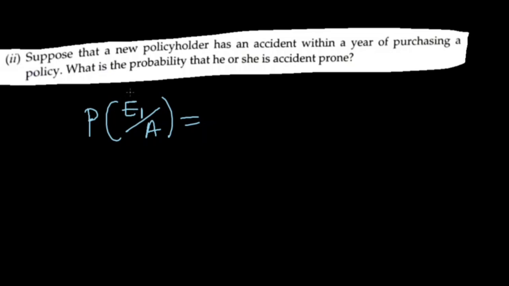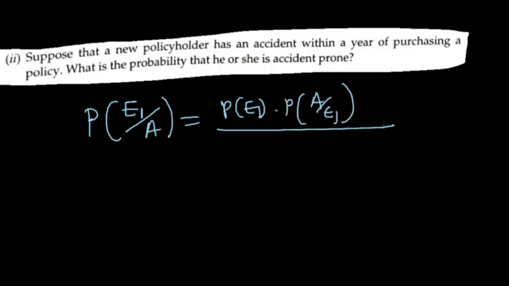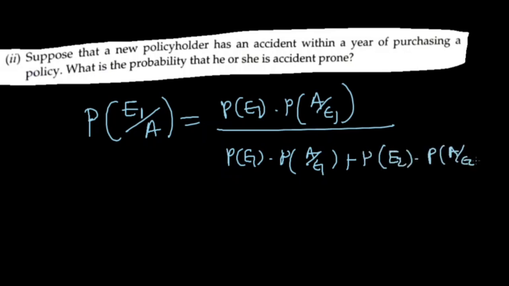We find it according to Bayes theorem. P of E1 into P of A by E1, the favorable probability, divided by the total probability: P of E1 into P of A by E1 plus P of E2 into P of A by E2.